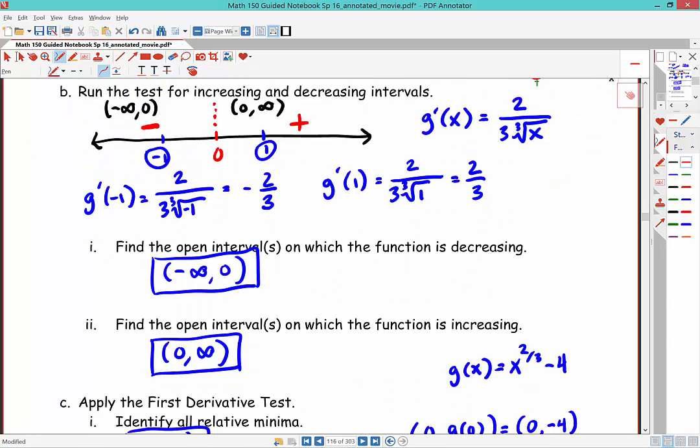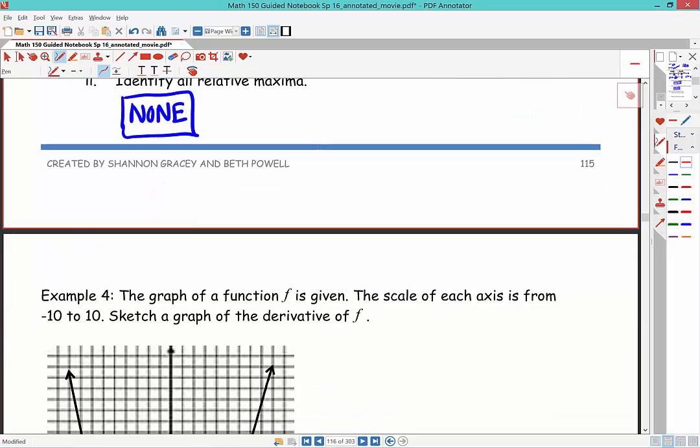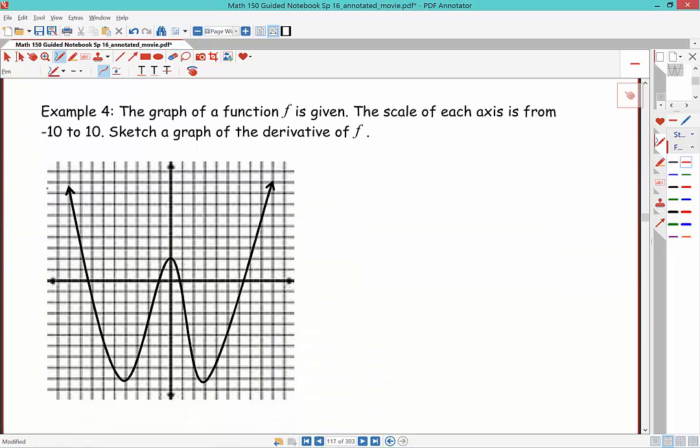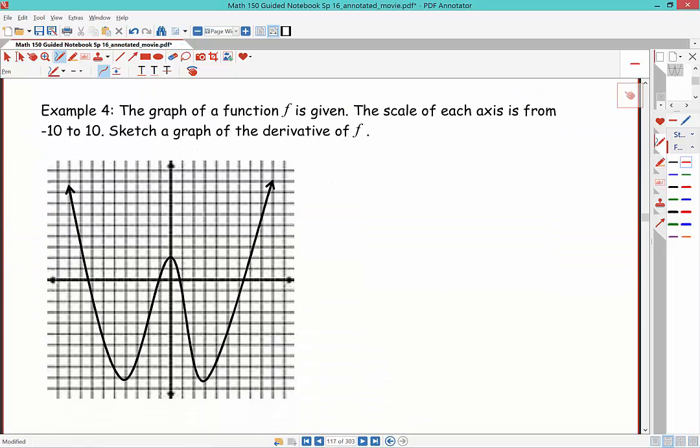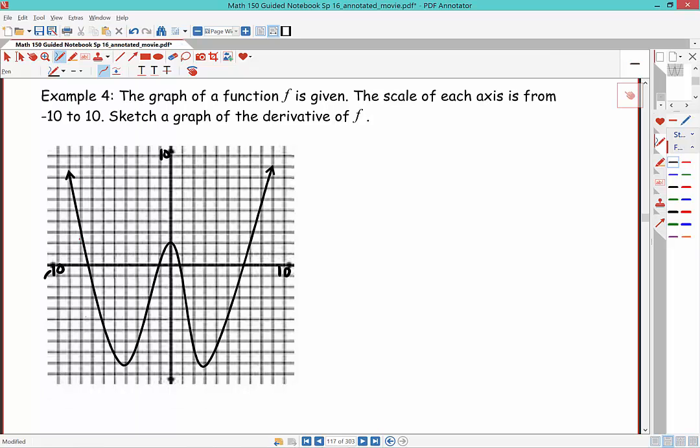Okay. All right. So next up, we've got the graph of some function f is given. The grid goes from -10 to 10 on both axes.